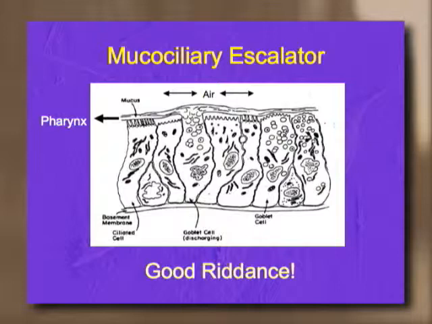The mucociliary escalator has goblet cells that discharge the mucus, and then it's got the ciliated cells that sweep this mucus in one direction. So you've got the air passing back and forth here through the tube, and then the mucus is swept to the pharynx. It goes up to the pharynx and you go, and it's gone. That's good news, good riddance.